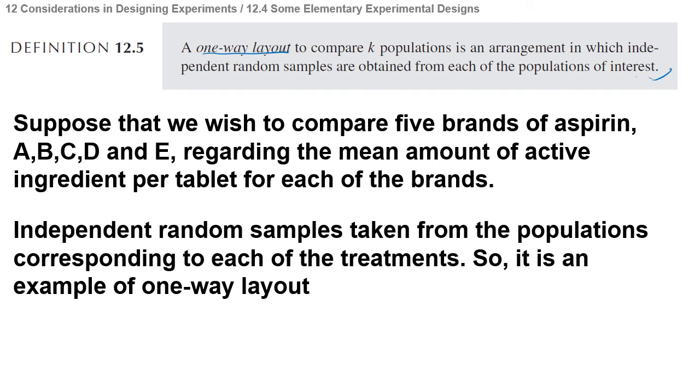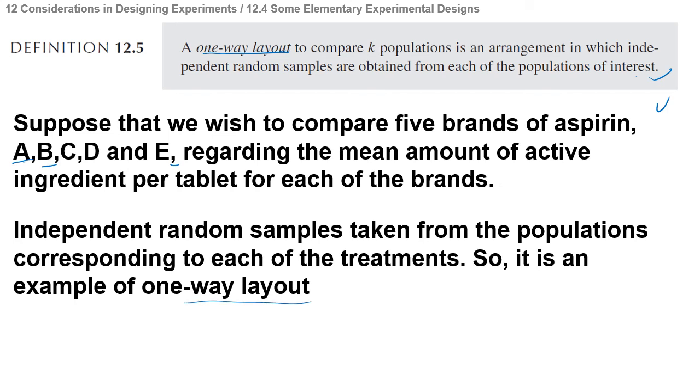An example of a one-way layout is this: suppose that we wish to compare 5 brands of aspirin, A, B, C, D, and E, regarding the mean amount of active ingredient per tablet for each of the brands. Then we need to take independent random samples from each population, from each brand. So it is an example of a one-way layout.